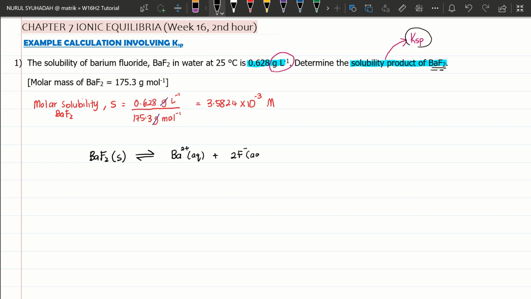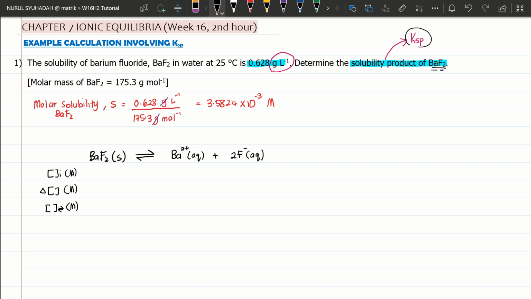So make sure you have a balanced equation. Kiranya daripada awak punya molekul ni, you need to be able to split the compound into its cation and anion. Okay, so kita akan buat ice table in terms of concentration. So concentration initial, okay, change in concentration, dan concentration at equilibrium.